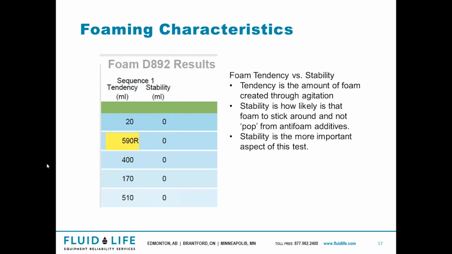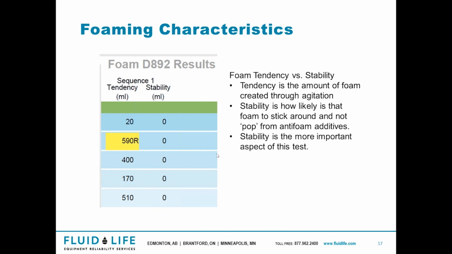Next test is foam, and foam is a unique one mostly for your mineral oils. We measure two aspects of foam: the tendency, or the rate at which foam is formed, and stability. How likely is that foam to pop through the anti-foam additive, or silicone, which acts as a surfactant, which pops bubbles in your oil.